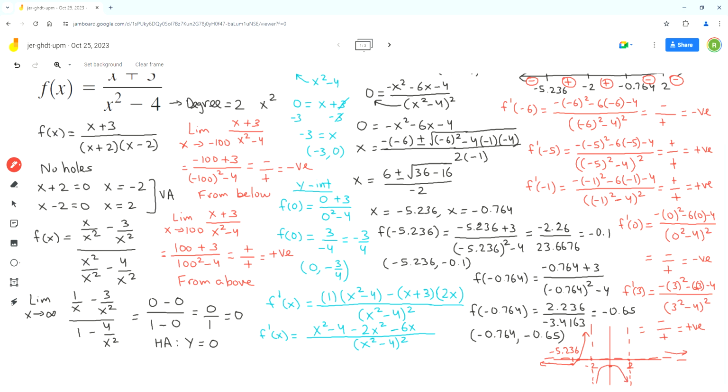Now there is a critical point at negative 0.764 and negative 0.65. So the critical point can be shown like this. So it's somewhere here. So at that point, the tangent is horizontal.